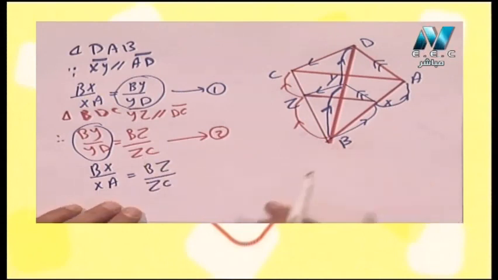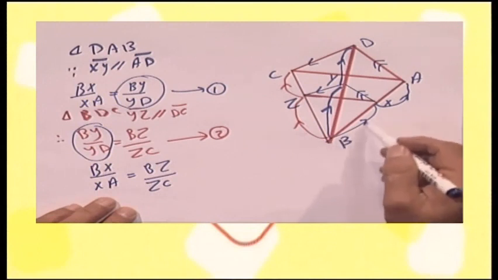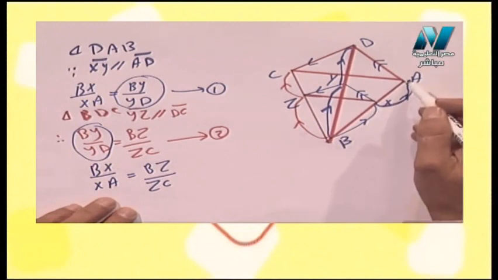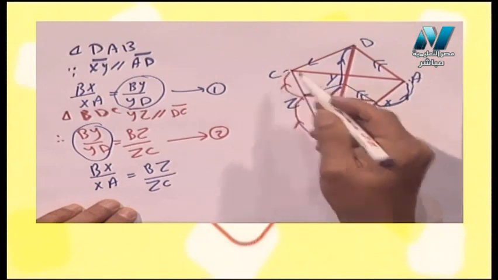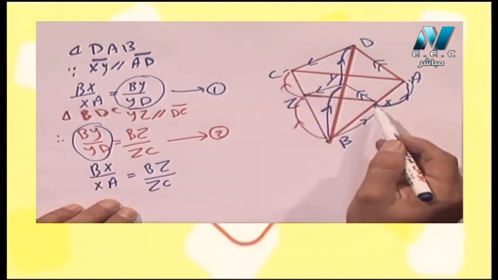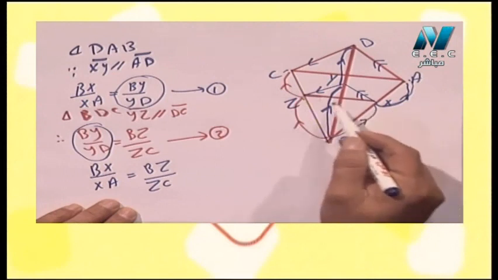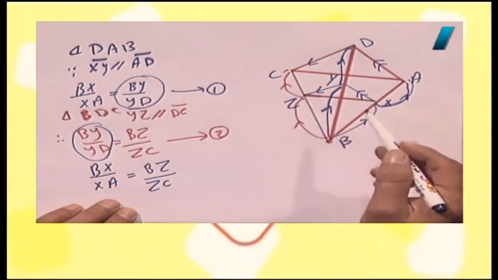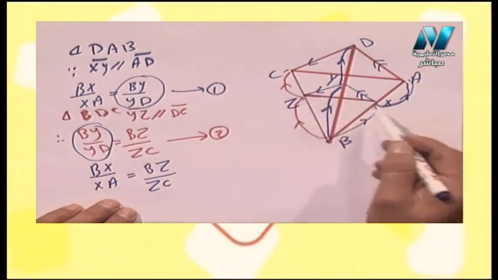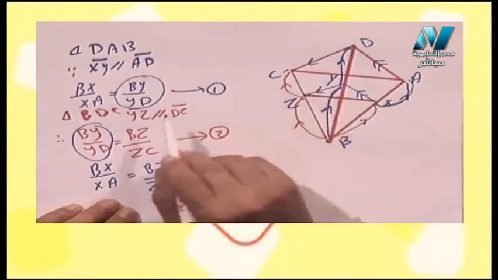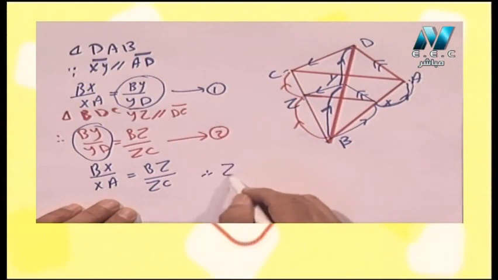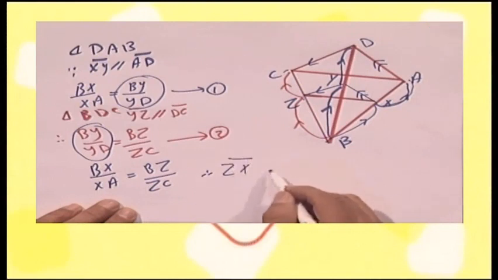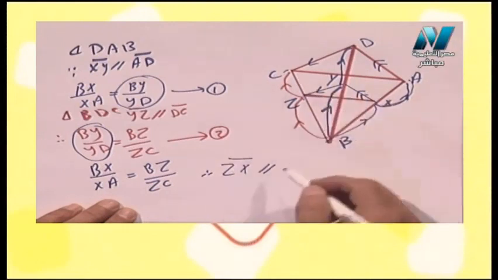Look at the figure here. Therefore, ZX is parallel to CA.